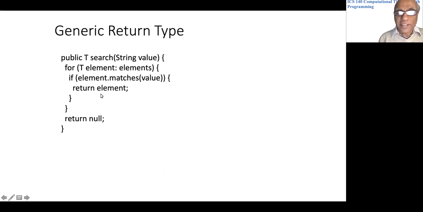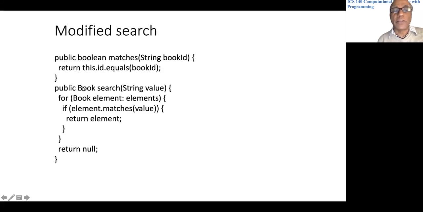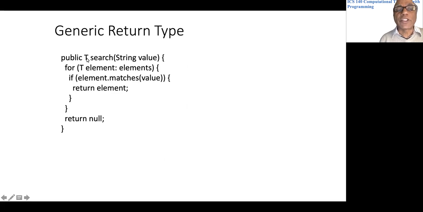So now let's make things a little more towards our final goal. So instead of returning a book, we are going to return T. Right? We were saying we are returning book, but we are storing items of type T. So when we search, we get a T back. And let's still assume that we are getting a string parameter. So things have been modified a little more.